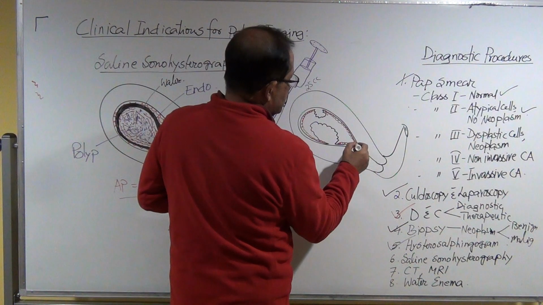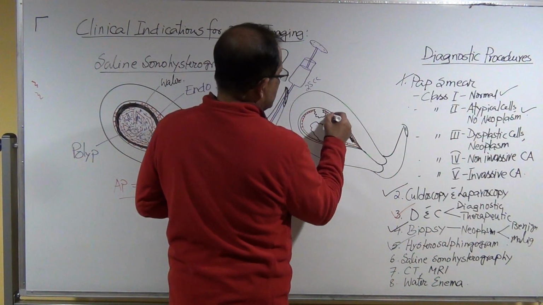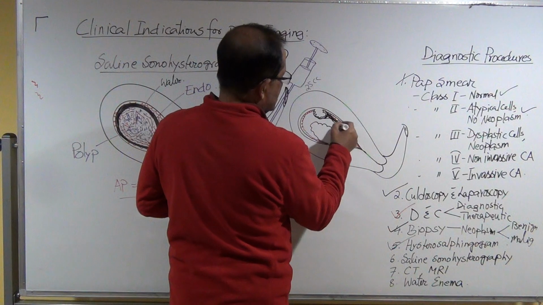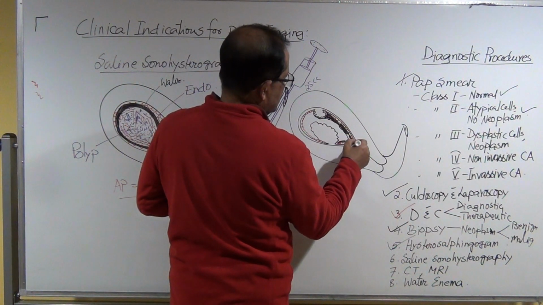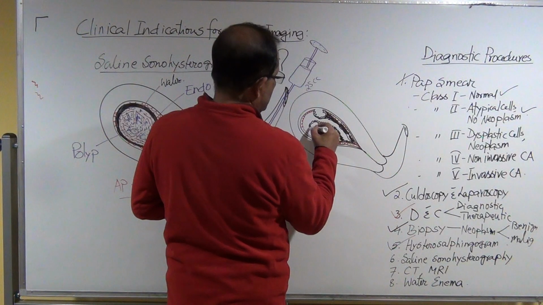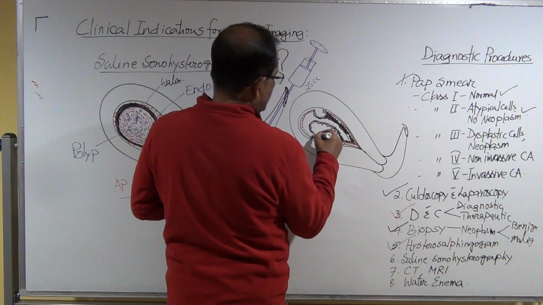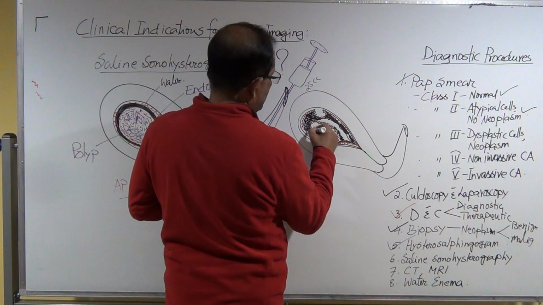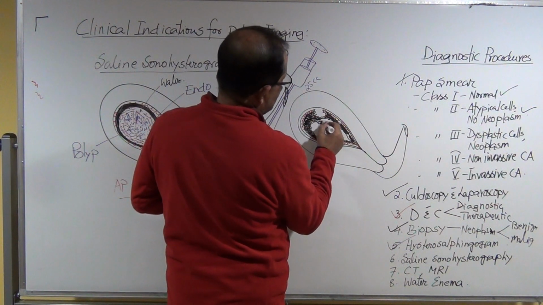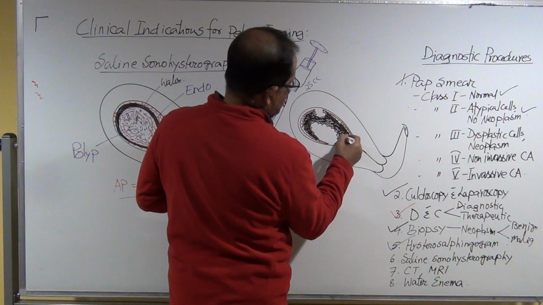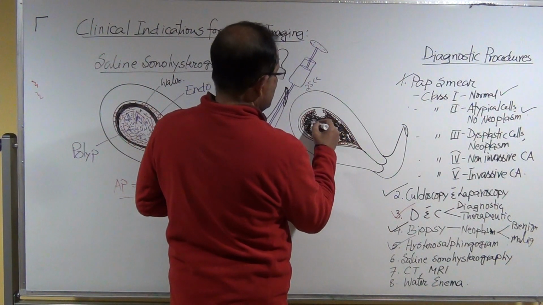Okay, you will see when the fluid goes inside, fluid will give the anechoic area inside the uterine cavity except the area where the mass is.